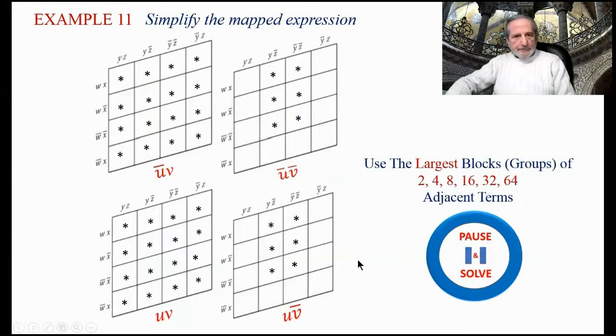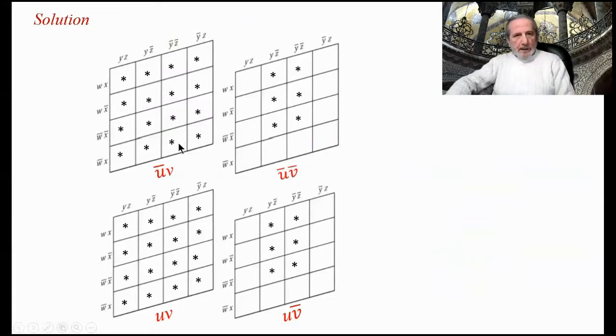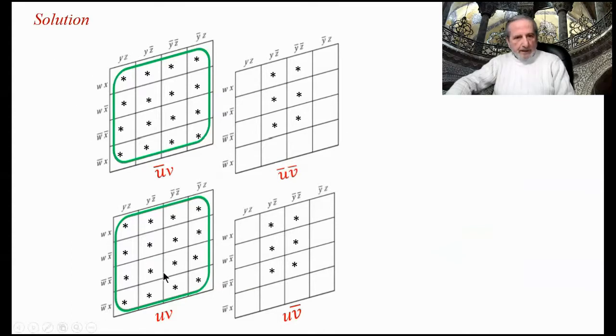It's on you now. Now, this one, obviously, you can take these 32 terms together. What happens is all Y, Z, Y bar, W, all these cancel. You are left with only V. Now, you can't take 6. Remember, 2, 4, 8, 16, 32. So I can take now this 4, this 4, and this 4.